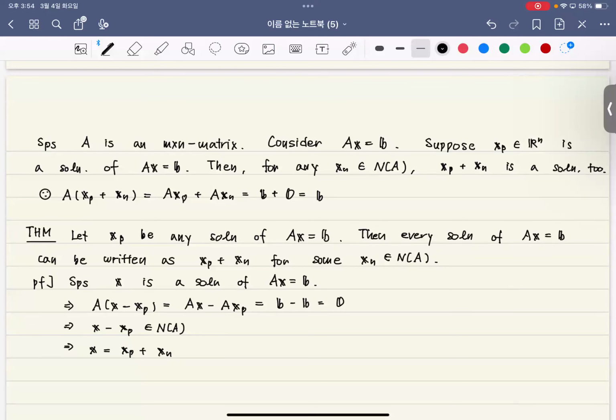If we can understand that, then the set of all solutions is nothing but the entire null space translated by this much. So this is the set of all solutions of Ax equals b.